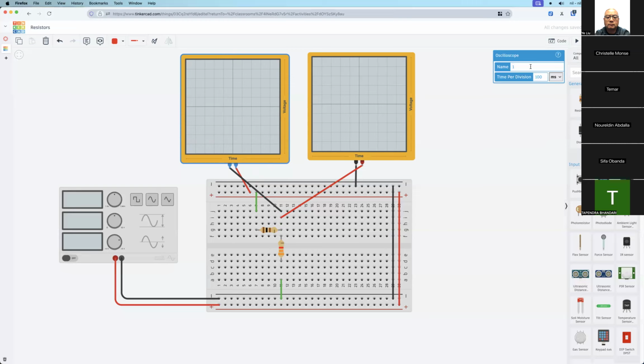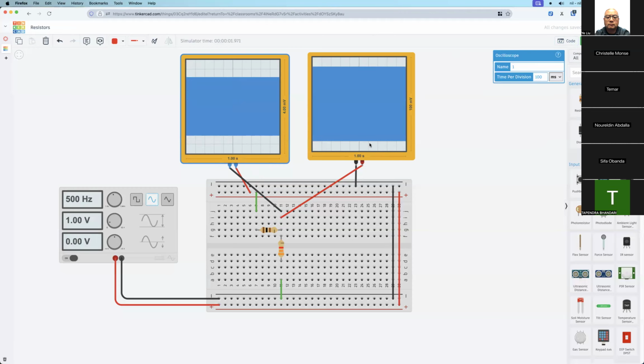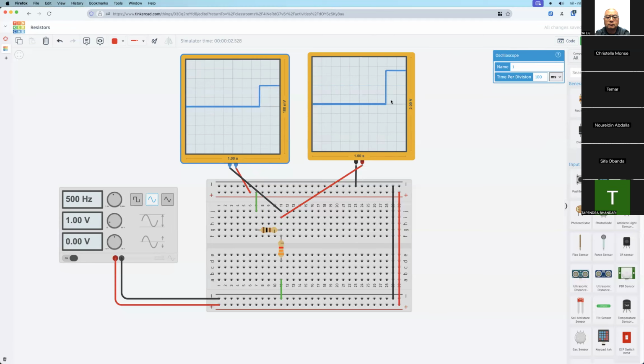Now, ground, simulation. Okay, this one is not right. This is 100. Okay, square wave. Yes, sine wave. Okay, so now let me change.